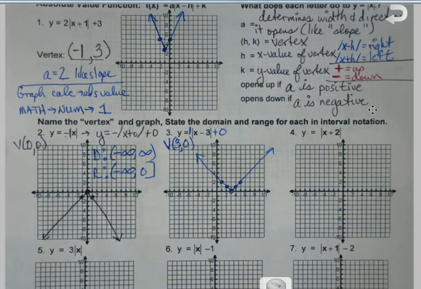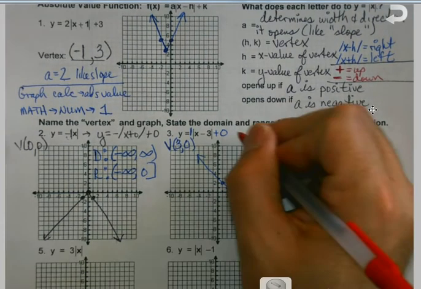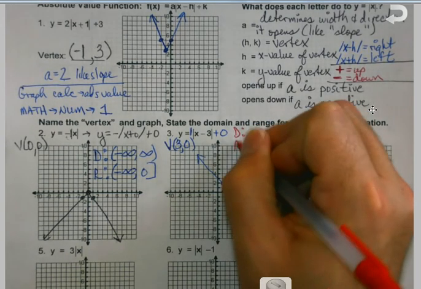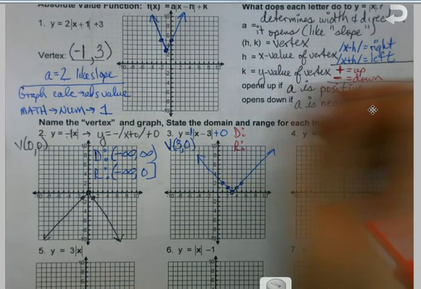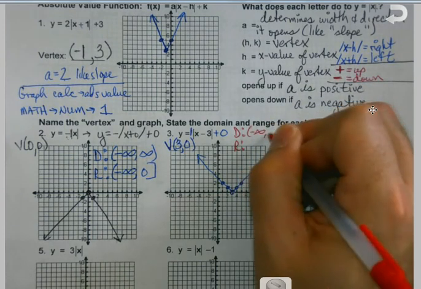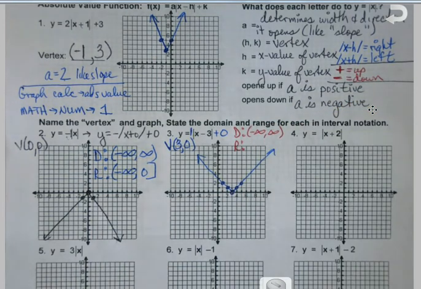Make my lines, because again, we're doing V shapes, being absolute value. And again, my domain and range, all the way to the left, all the way to the right. That should be one we shouldn't miss, because it seems to be the same each time.